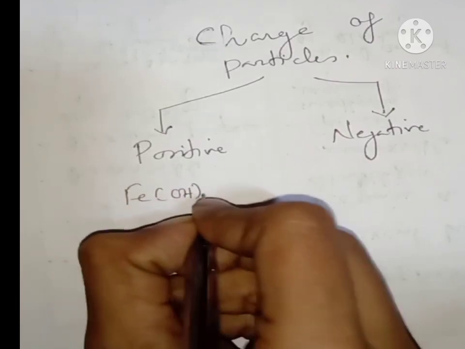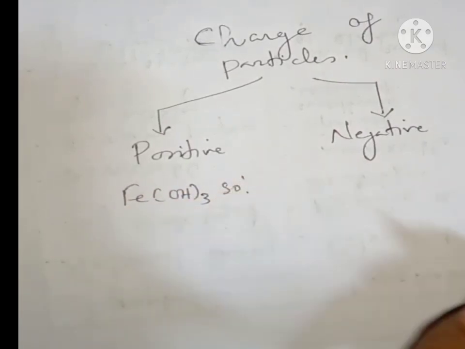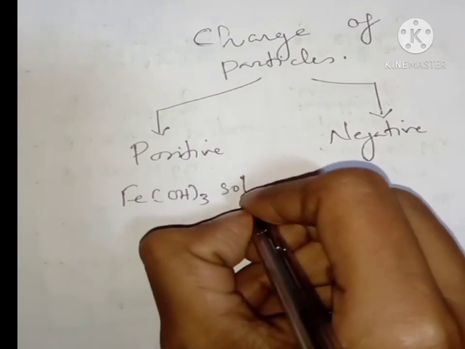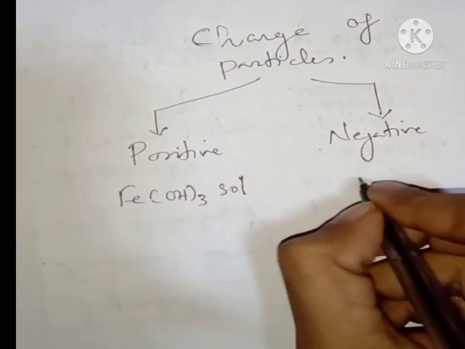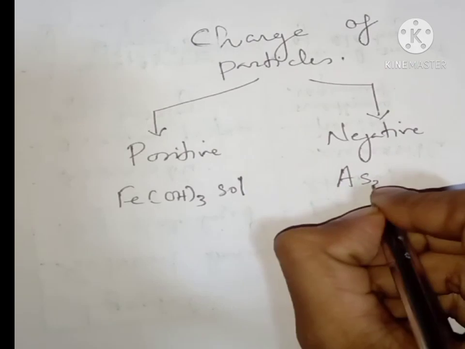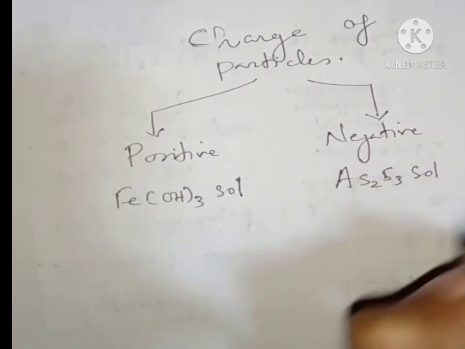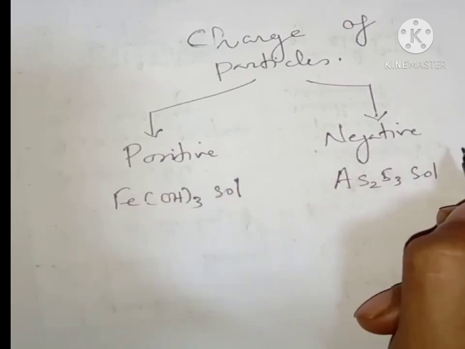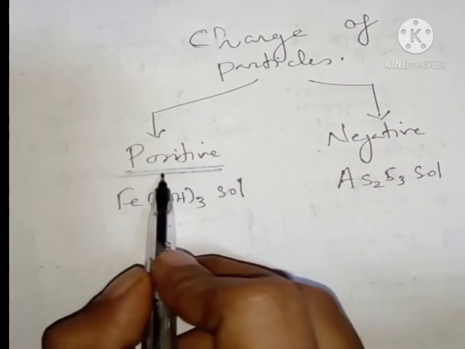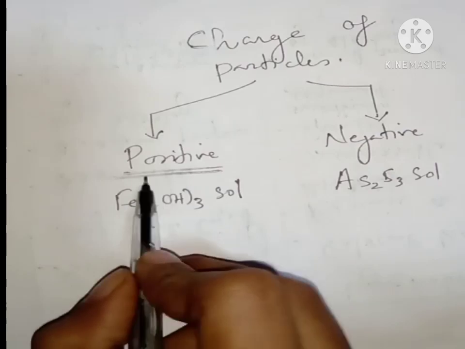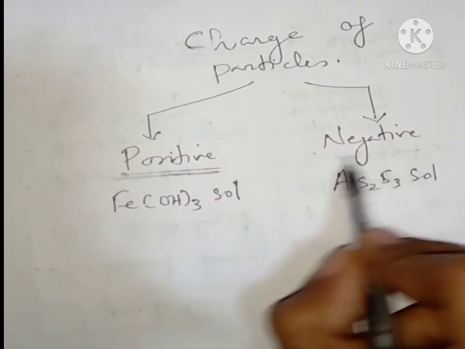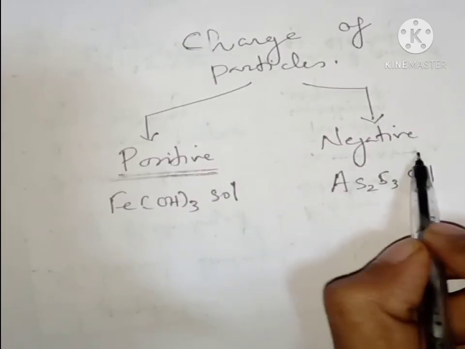Ferric hydroxide sol is a positive colloid and arsenic sulfide sol is a negative colloid. Positive colloid means the charge of the particle is positive and negative colloid means charge of the particle is negative. That's all.